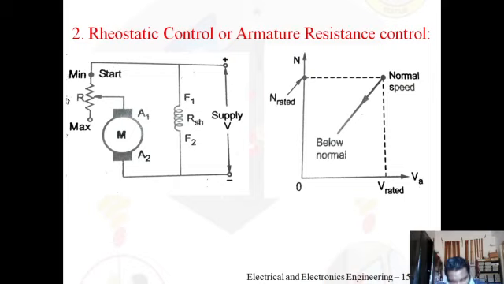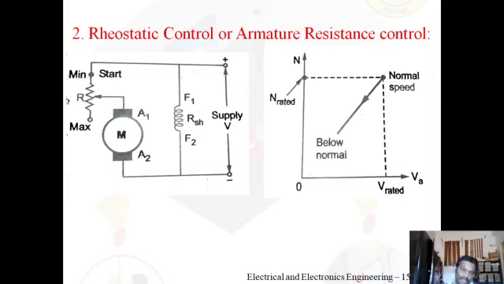By comparing these two equations, we got an equation representing the speed, that is speed is directly proportional to V minus IRA divided by flux. By observing the parameters of the equation, we have come to a conclusion that by varying three parameters, we can change the speed.